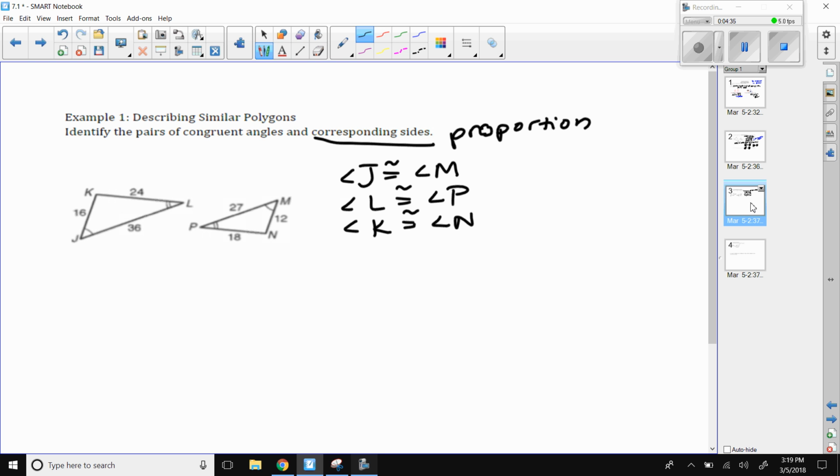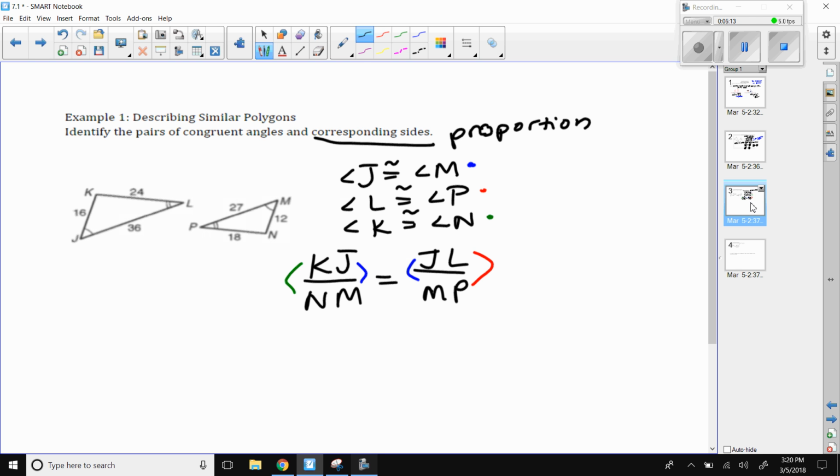So I'm just going to pick two. Let's see, I'll do KJ. KJ is going to match with NM. It's going to be equal to, I'll do the long one, JL over MP. Notice I'm matching my letters J and M. They match here. And then you have K and N, they were matching here, and L and P. So that's helping me to match them is my angles.